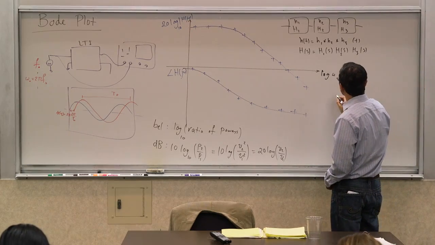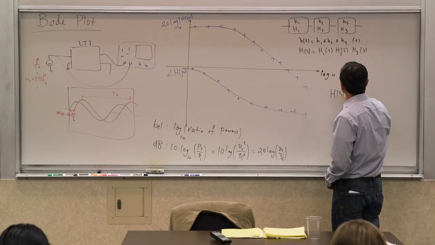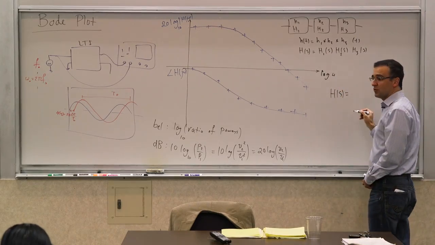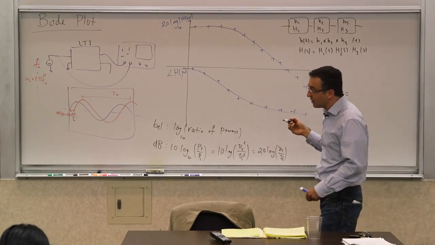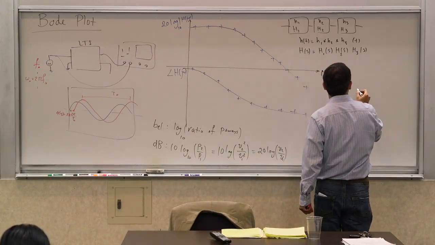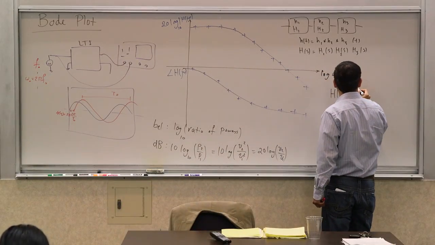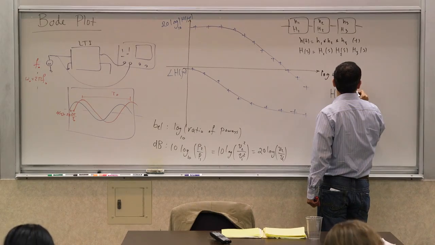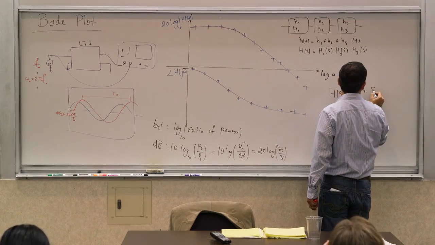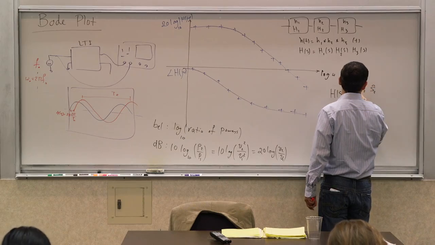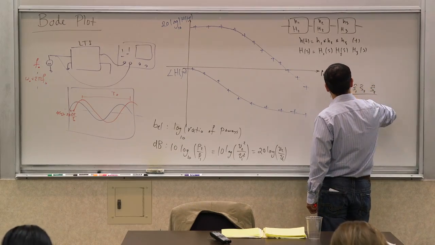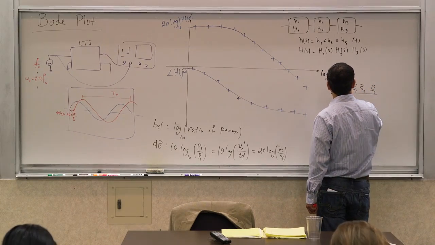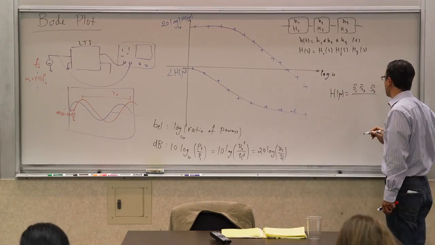In other words, you can write each one of them. Another way to think about it is that H of s will eventually have these terms in the numerator and denominator. These terms can be written as, let's say, S1, S2, S3. These are complex quantities at a given frequency, let's say at a given j omega, at a specific omega.